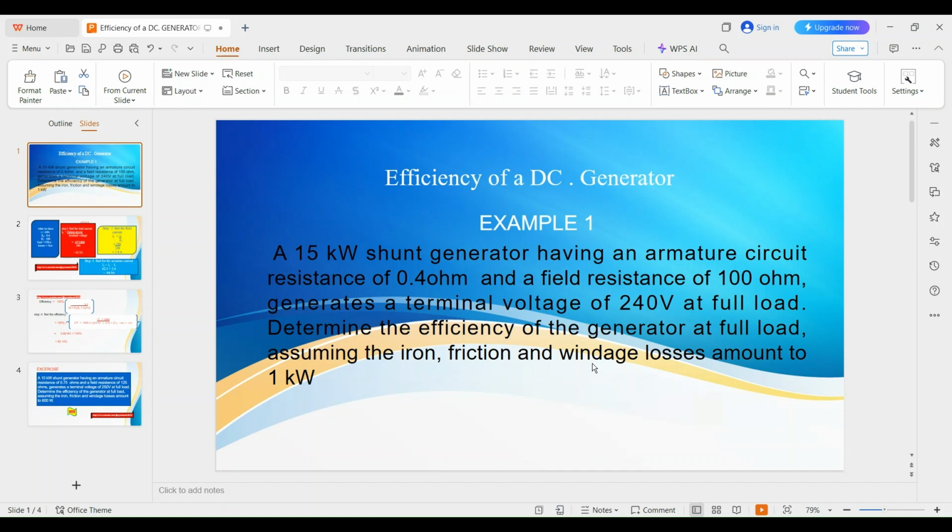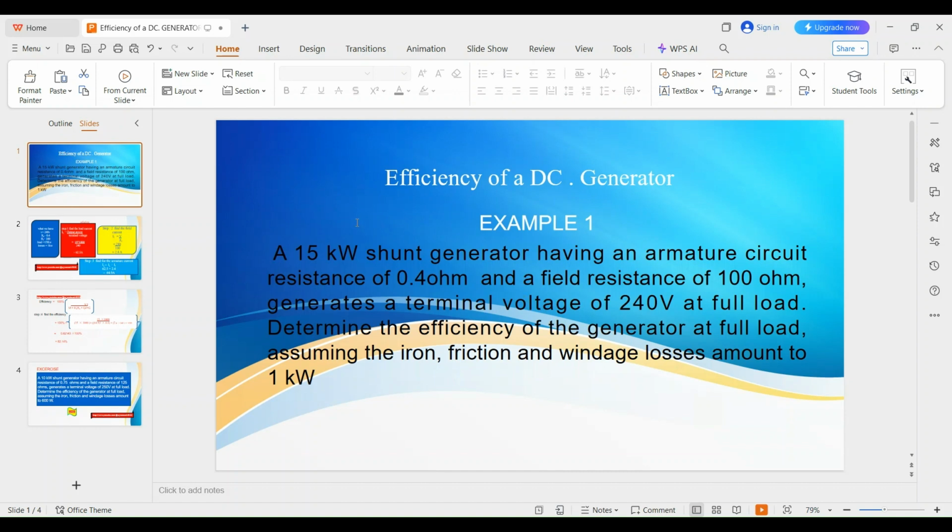Determine the efficiency of the generator at full load, assuming the iron losses, friction losses, and windage losses amount to 1 kilowatt. So the question is requiring us to look for the efficiency of that generator at full load. Let's go straight to the solution.